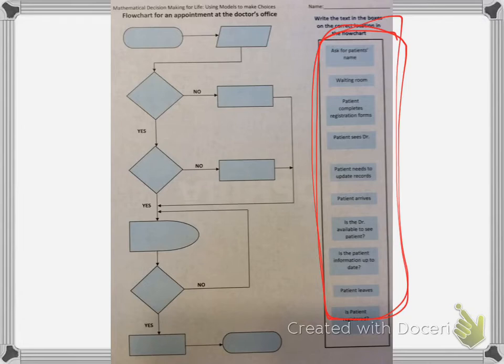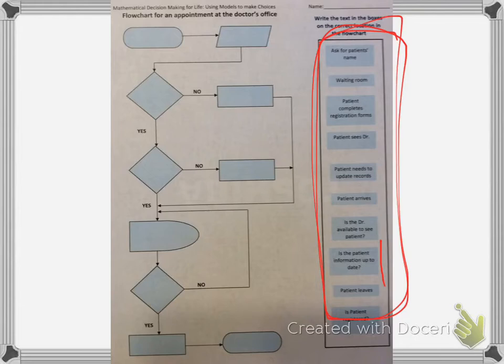So it says ask for a patient's name, waiting room, patient completes registration forms, patient sees doctor, patient needs to update records, patient arrives, is the doctor available to see the patient, is the patient information up to date, patient leaves, is the patient registered.